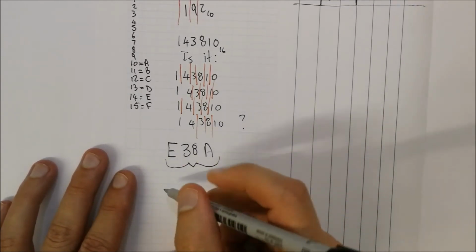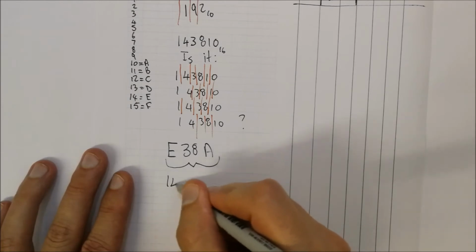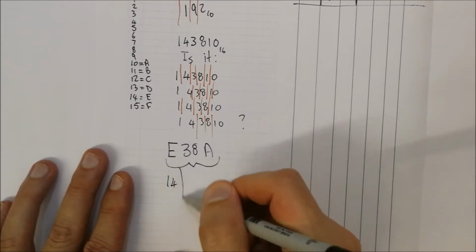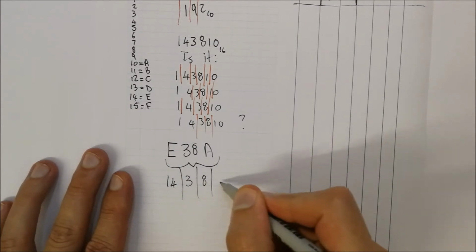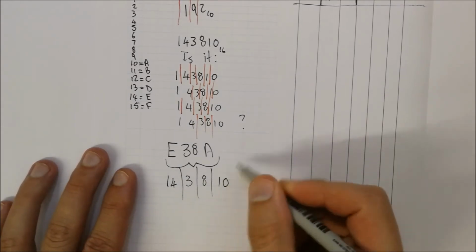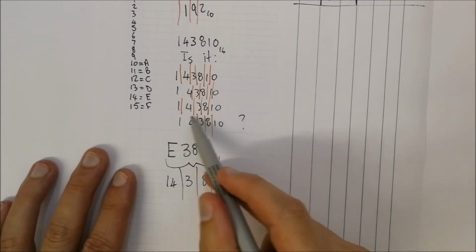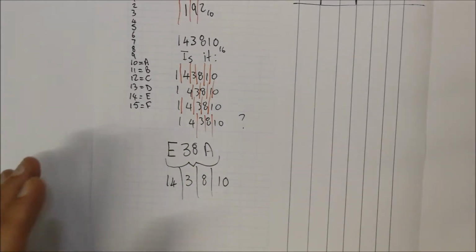That means that the 14 representing the E will be a separate number to 3, which will be a separate number to 8, which will be a separate number to 10. And therefore this last scenario would be taken into account.